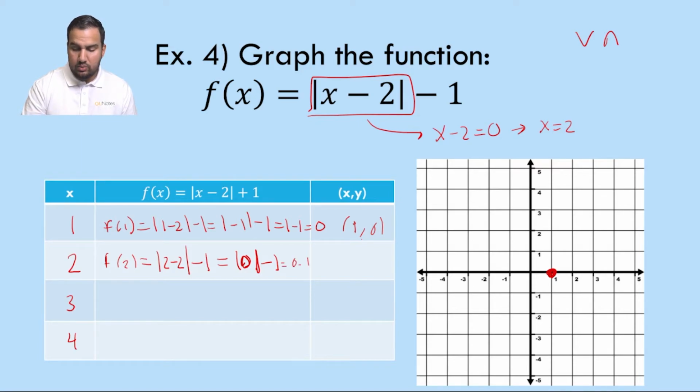And then 0 minus 1 is going to be -1. So I know my coordinate is going to be now 2, comma, -1. And I'm going to go ahead and graph that. So when I go to 2, comma, -1, that's going to put me right here.